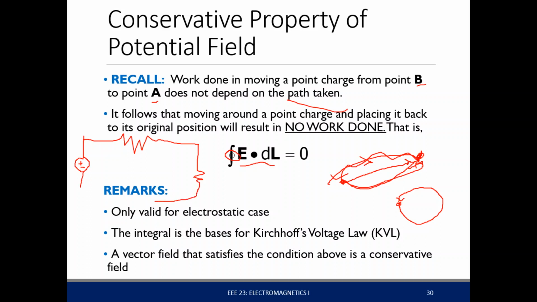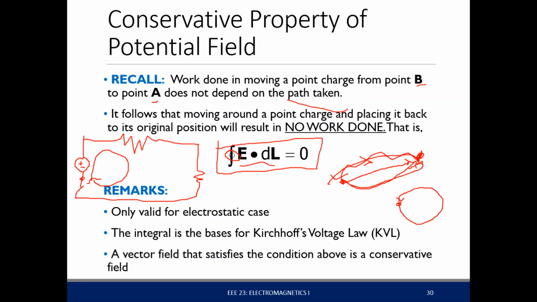If you have something like this, you start from this point in the path, go around, and go back. The sum of the voltage is equal to 0. Okay? And that's where Kirchhoff's voltage law actually came from: this equation and the property of your electric field.